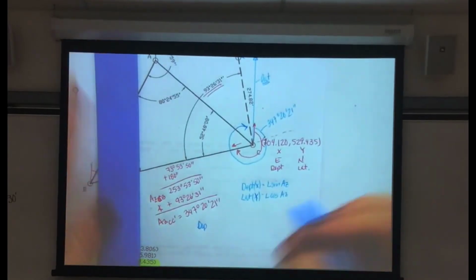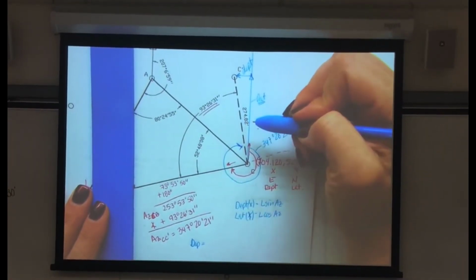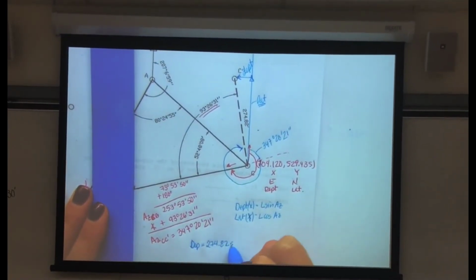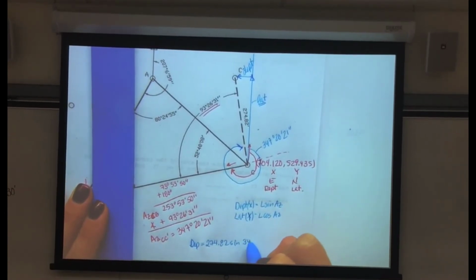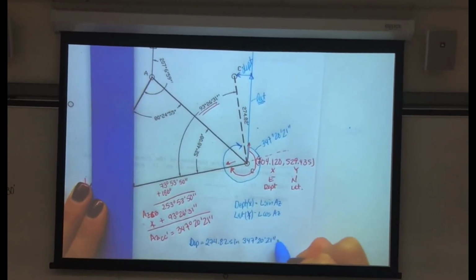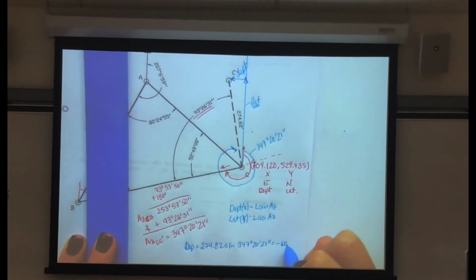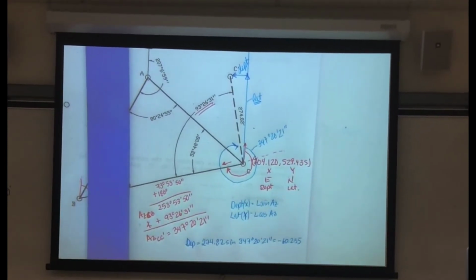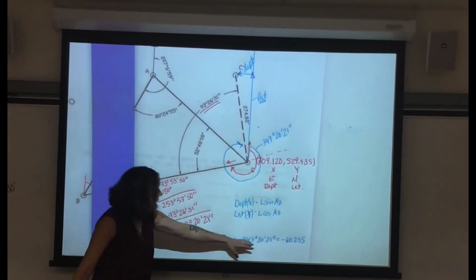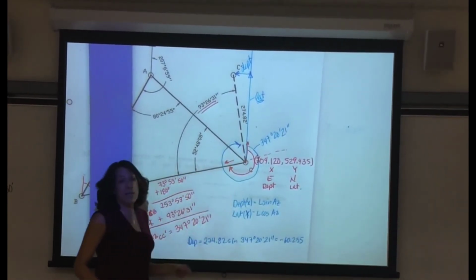Now, departure is equal to the length, and the length I'm using is 274.82, times the sine of 347.2021. That gives me negative 60.235. Remember, if departure is negative, we're going west. That makes sense, because I know I'm west of this point here.